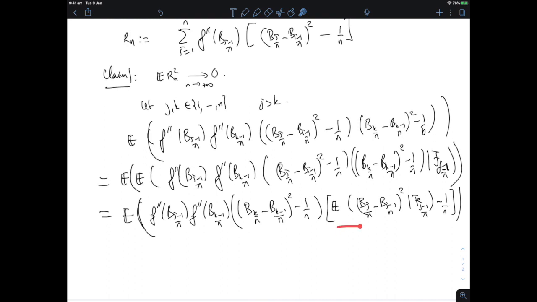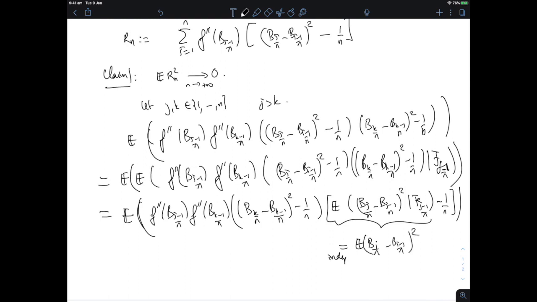This is the only term for which I cannot take out what is known, because it's not F_{(j-1)/n} measurable; it's the absolute opposite. It is independent of F_{(j-1)/n}, because the increments of the Brownian motion are independent. So this conditional expectation has to be equal to the actual expectation by independence.